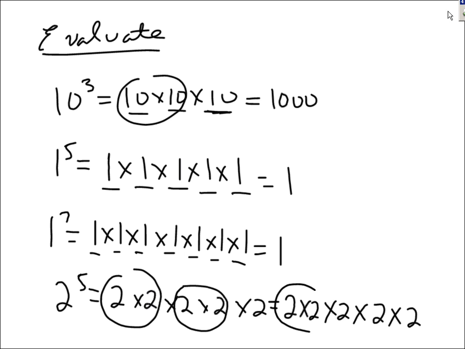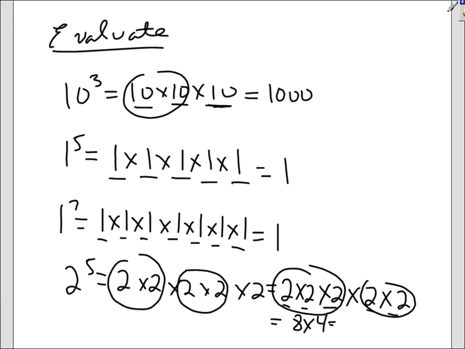You should say, well, that's 8, and that's 4. 2 times 2 is 4, times 2 is 8, and 2 times 2 is 4. And you say, oh, that I know. Both of those numbers are less than or equal to 12. 8 times 4, 32. And there's the answer.